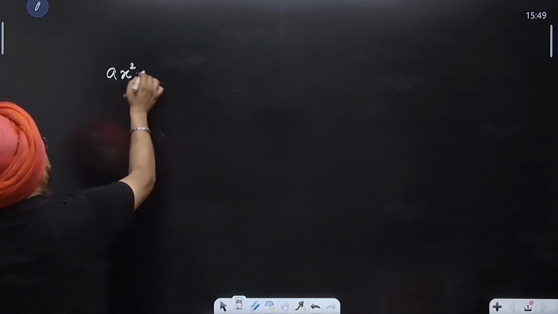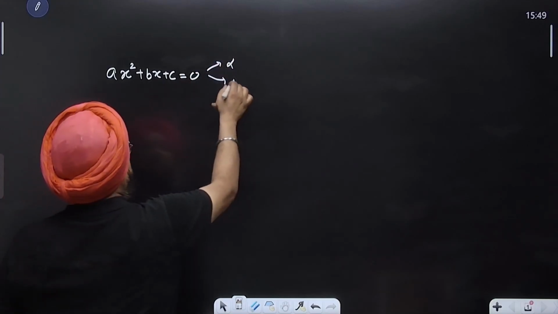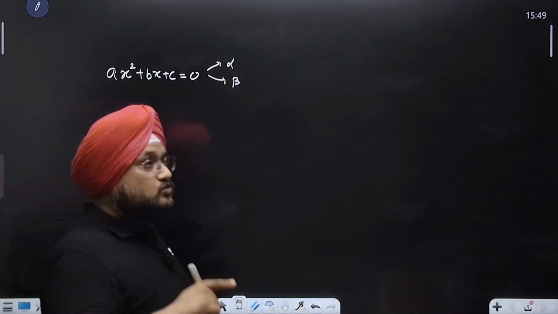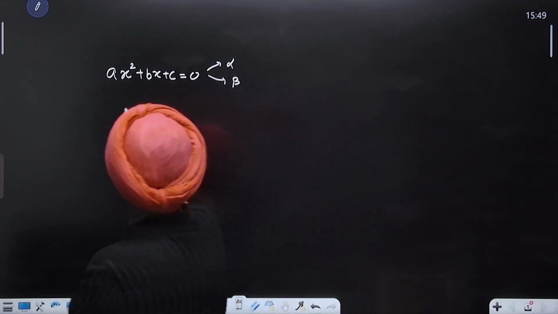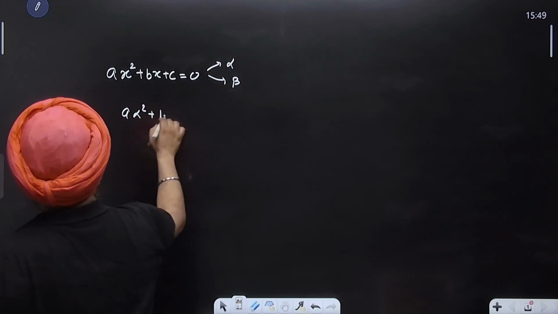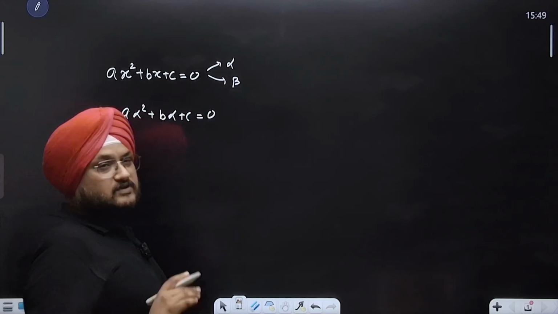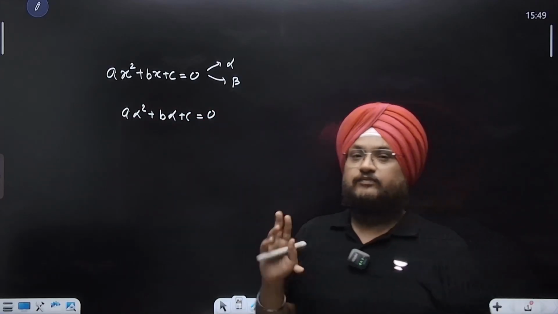See, if roots of quadratic equation ax square plus bx plus c equal to 0 are alpha, beta, then we have used this in the questions that sometimes if we put alpha and beta in the equation, a alpha square plus b alpha plus c and a beta square plus b beta plus c equal to 0, then the question is getting simpler.